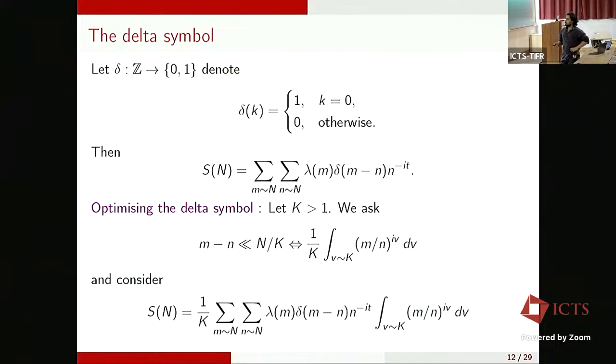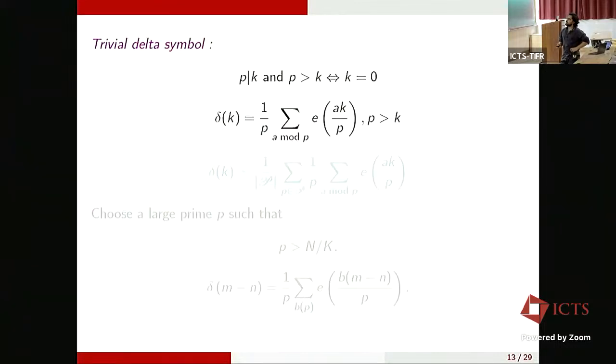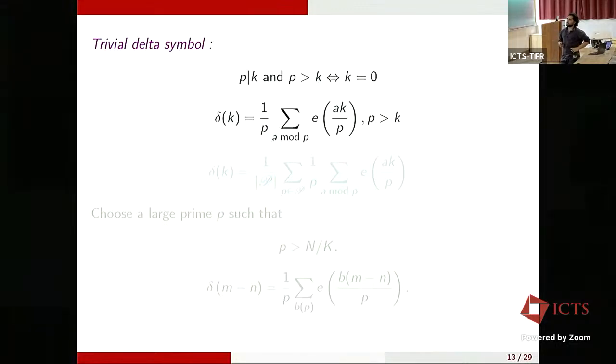Okay, so we have this sum, we have this restriction. Now the next step is to substitute a Fourier expansion for this delta symbol. So we use the simplest version you can think of. That is just the fact that any divisor of a positive integer has to be less than the integer itself.